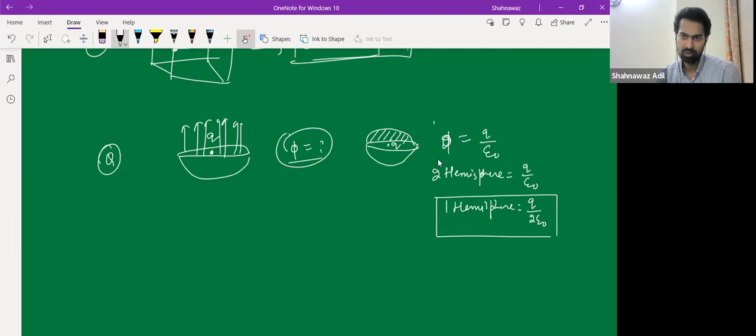This is also an application of Gauss's law.